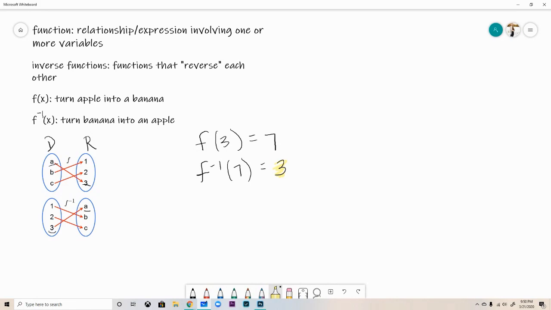For any function, if I had h of 5 equals 15, then if I plugged 15 into the inverse function, we would get a 5 out.